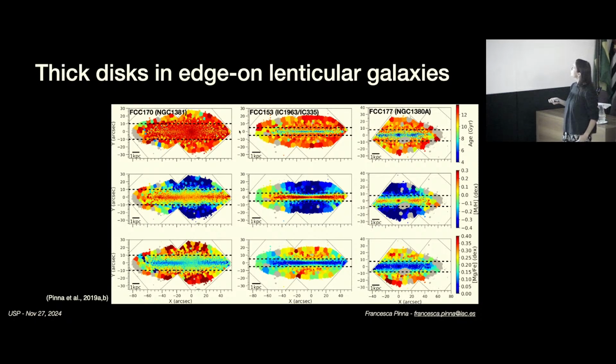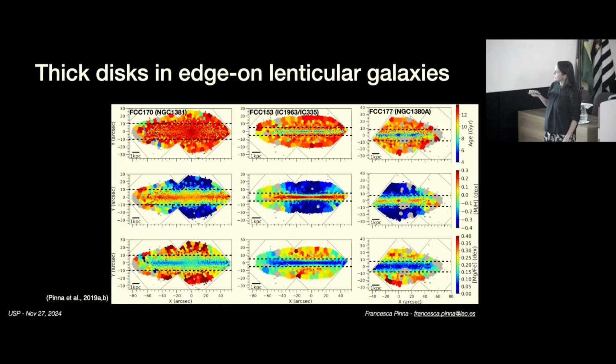From top to bottom, I'm showing the age, metallicity, and magnesium-over-iron abundance. At first glance, you can already see that in the age maps we have some differences between the galaxy on the left side, FCC 170, and the other two galaxies. If you remember, this galaxy was the one closest to the cluster center, and the differences are found in the thin disks of the galaxies, where this galaxy is overall very old.